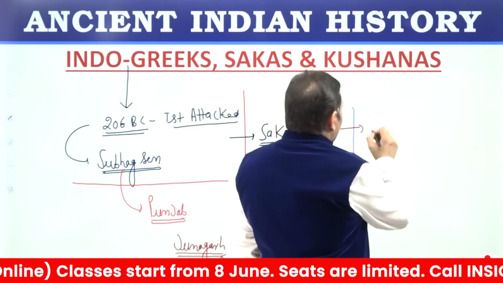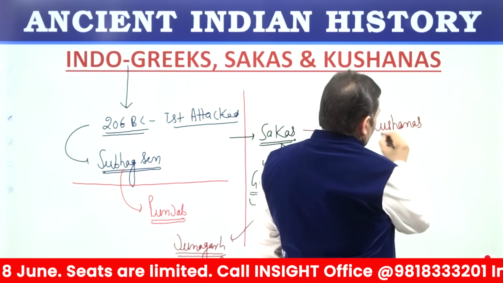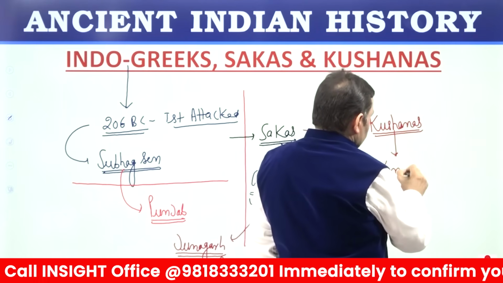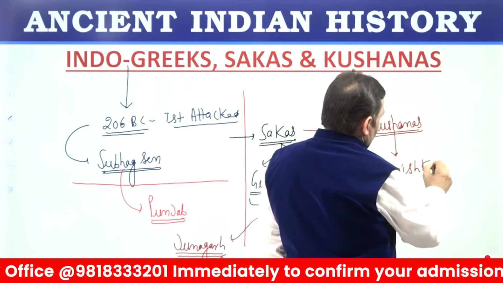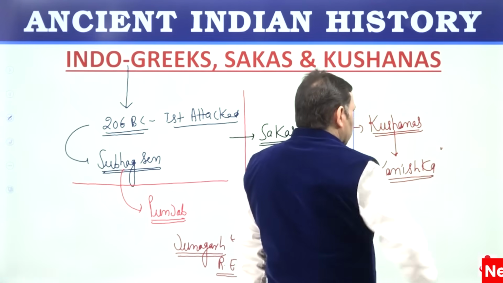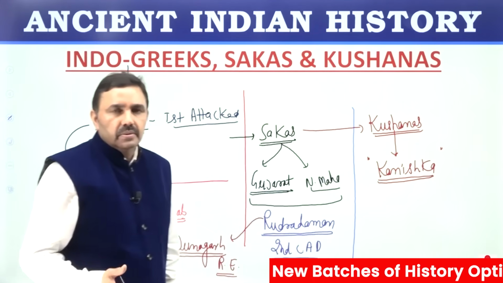Sakas were followed by Kushanas. Kushanas ruled up to the Mathura region, and Kanishk was the greatest king of this dynasty. He was a great patron of Buddhism. Ashwaghosha, the author of Buddha Charita, used to live in his court.